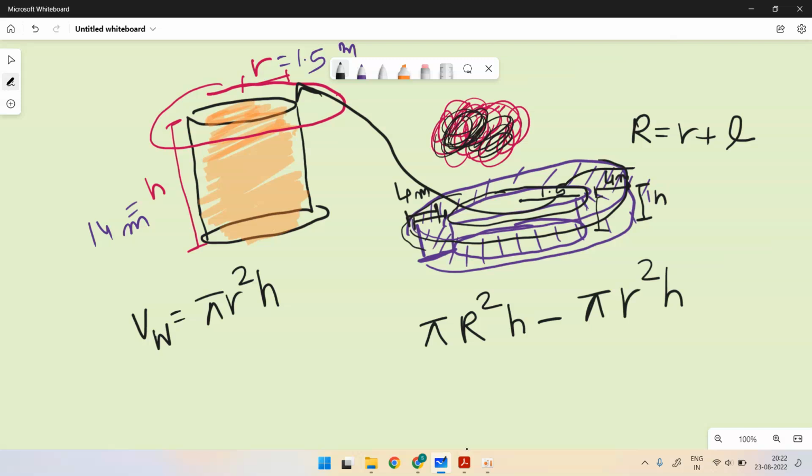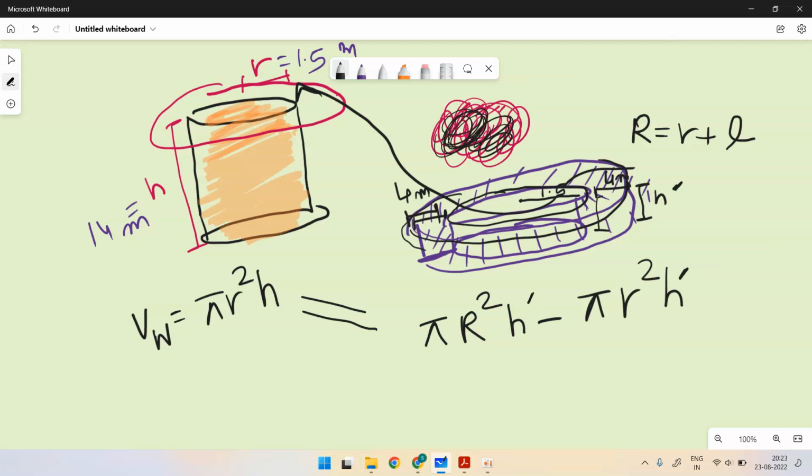This will be equal to this. Now if you equate pi r square h, then this h is different, I'm taking this as h dash.